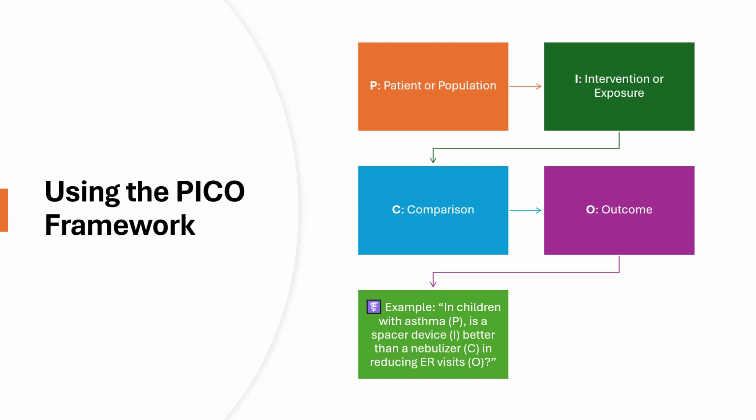For example, in children with asthma, the population is children, and the spacer device is the intervention. Is a spacer device better than a nebulizer? The nebulizer and spacer device will be compared, which is the comparison, and reducing ER visits is the outcome. You want to reduce the ER visits.